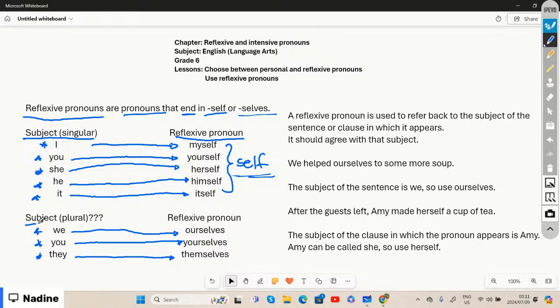And if we have a plural subject, more than one person or thing doing something, then the reflexive pronoun will end in selves, because we're referring to more than one person doing something.